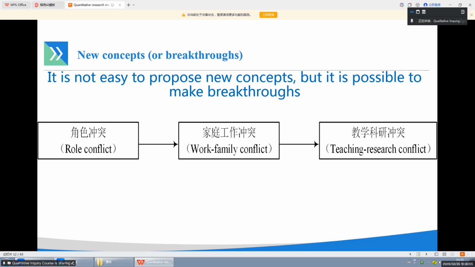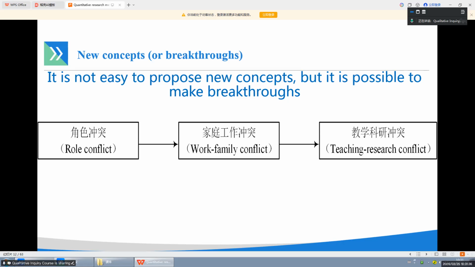Especially when the performance evaluation focuses on one specific role, there must be conflict. For example, when the performance evaluation focuses on research performance, the university faculty must spend more time on conducting research, right? It's easy to understand.